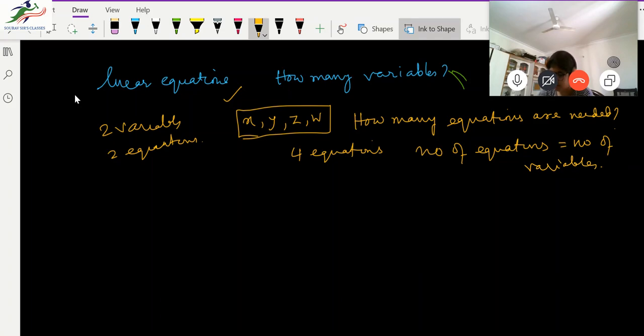Okay, now let's take an example. Let's say 3x plus 4y is equal to 12 and 12x plus 16y is equal to 48. How many solution pairs will this have?